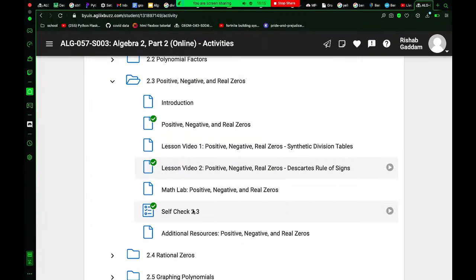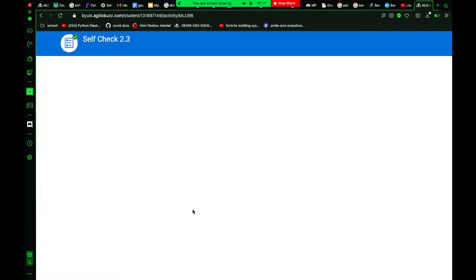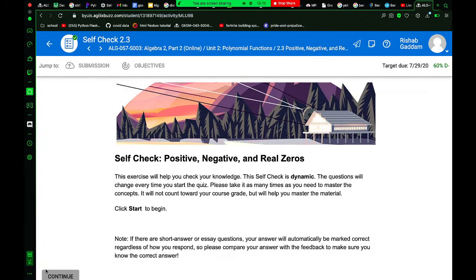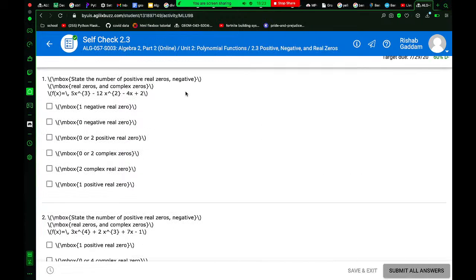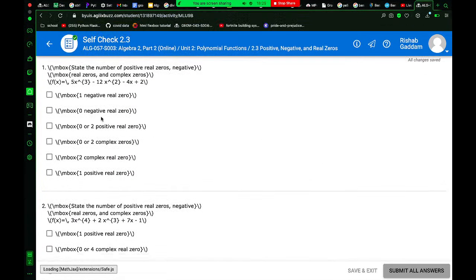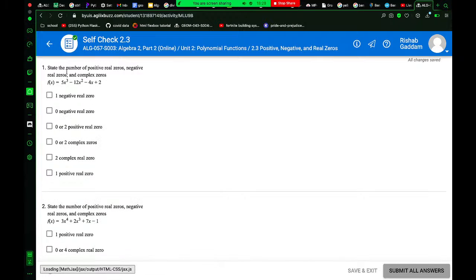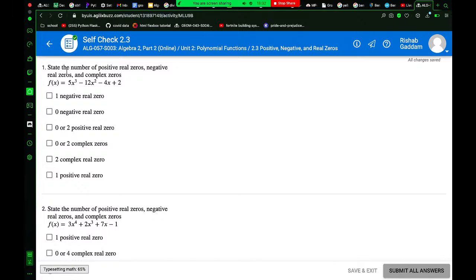So let's do a self-check or a practice sheet or whatever you want to call it. Let's click on continue and let's get going. There we go. State the number of positive real zeros, negative real zeros, and complex zeros.